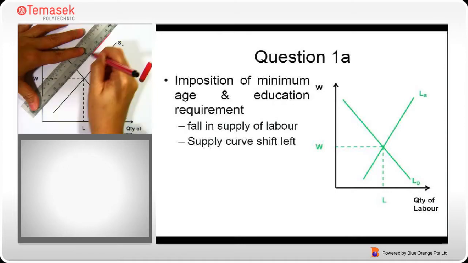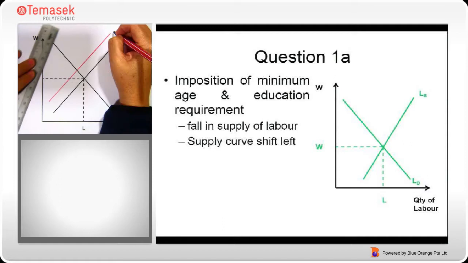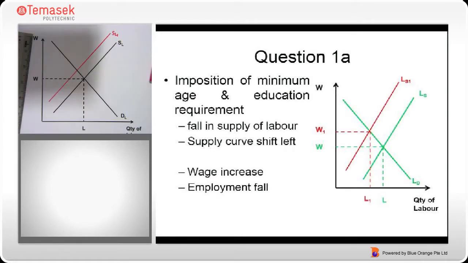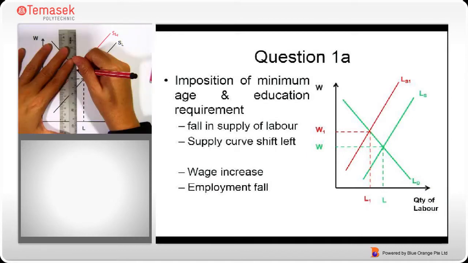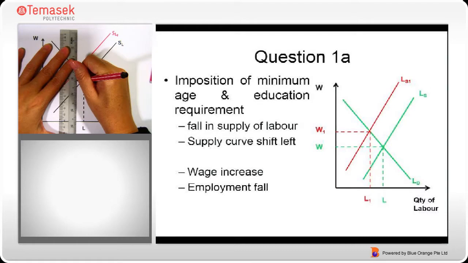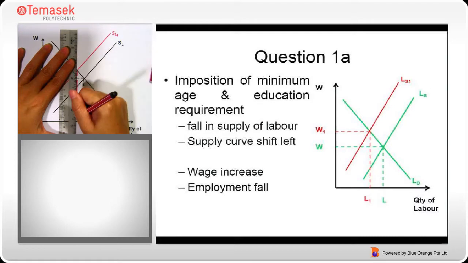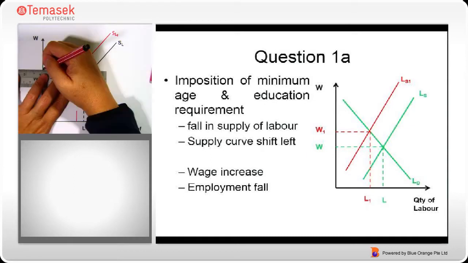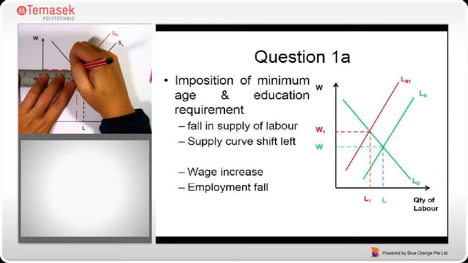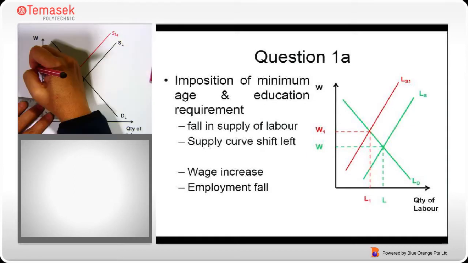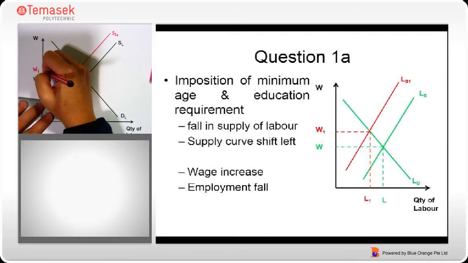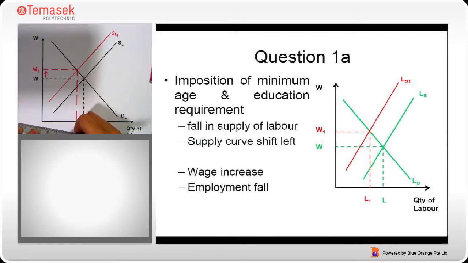So now we'll be drawing a leftward shift of the supply of labor curve. And as a result of the leftward shift, we will have a new equilibrium point. And from our diagram, we can see that wage rate actually increases and the employment level actually falls. Labor employment falls.